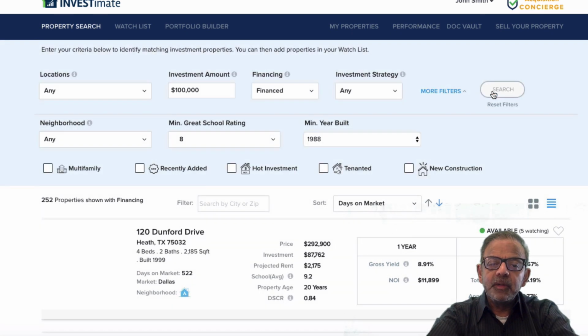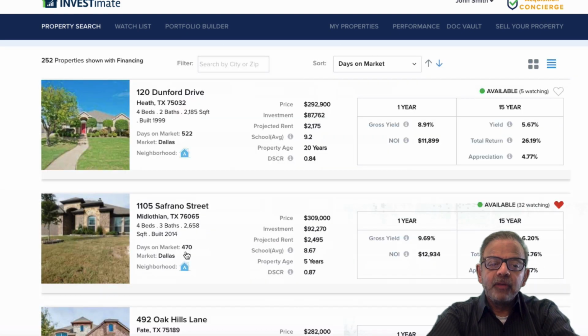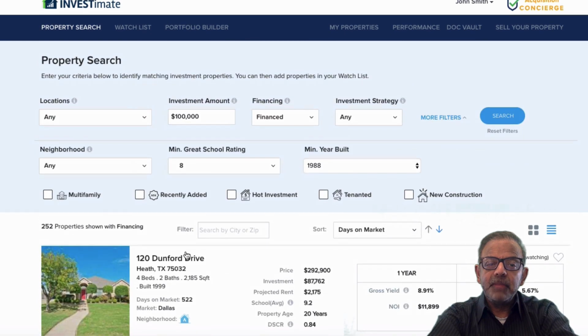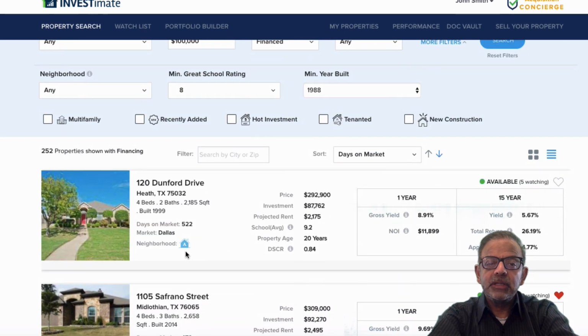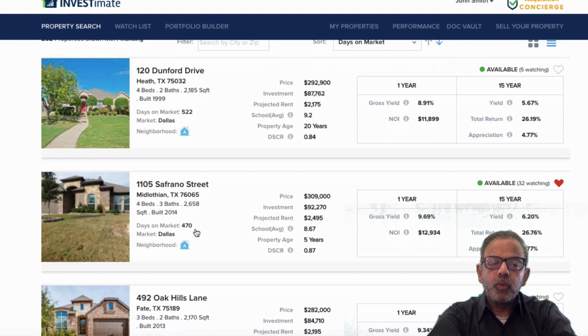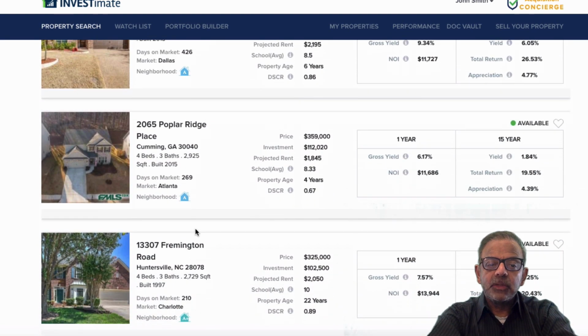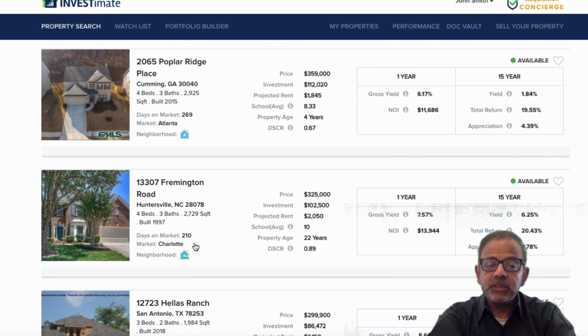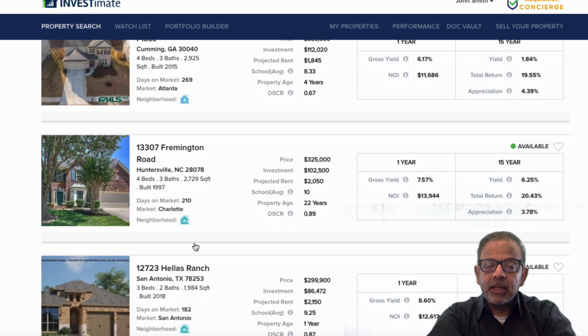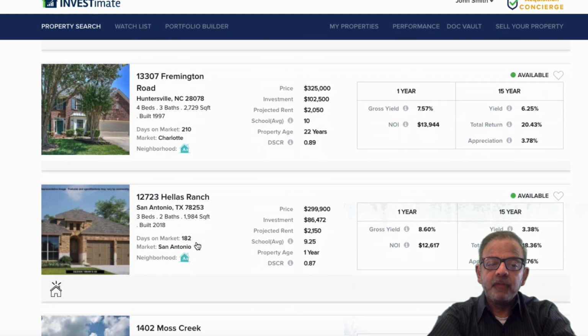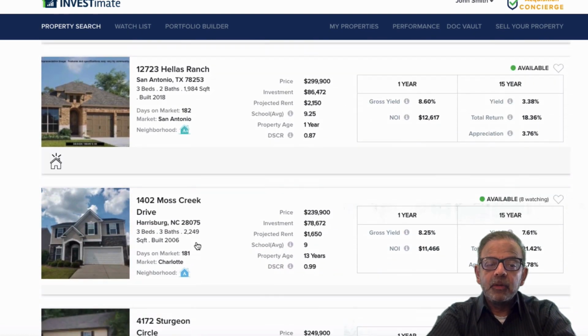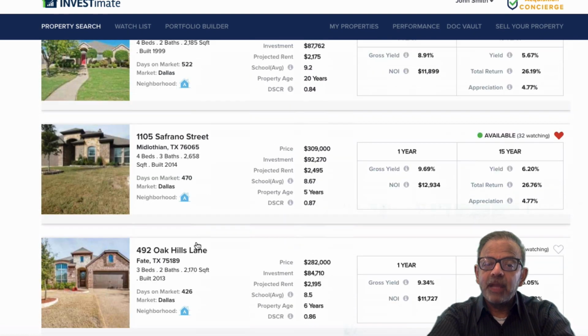There's an intelligent recommendation engine that goes through the entire inventory and serves up a bunch of properties that meet that criteria. Right here, you can see that since I put my school rating at 8, I'm tending to get more A neighborhoods. This one's in Dallas, this one's in Atlanta, that one's in Charlotte. Since I haven't put a location preference, I'm seeing what's available around the country based on a set of financial criteria.